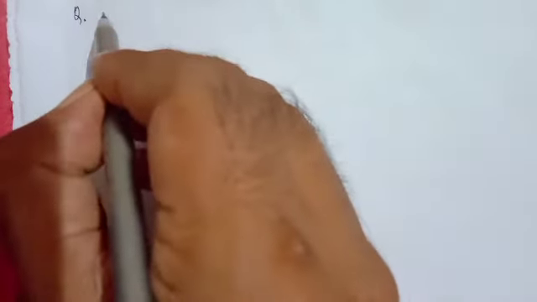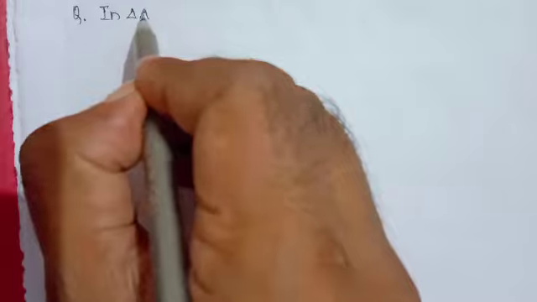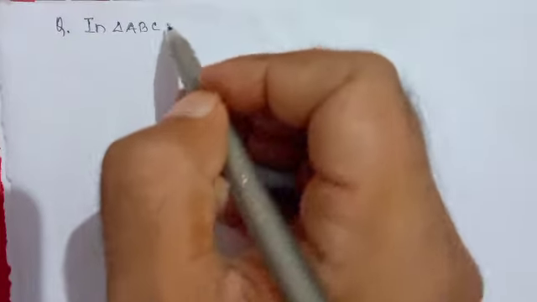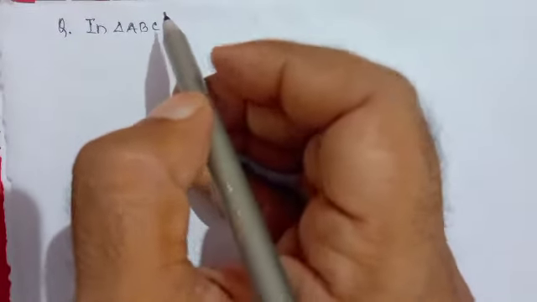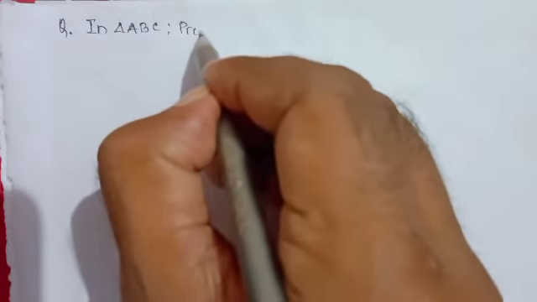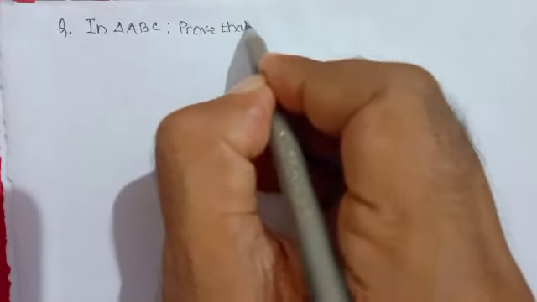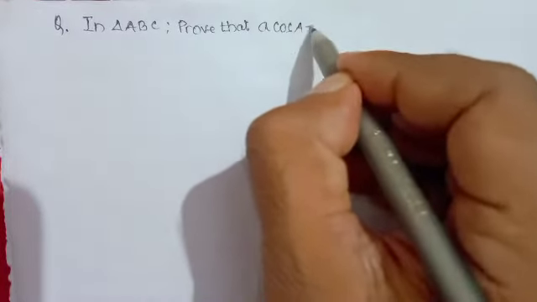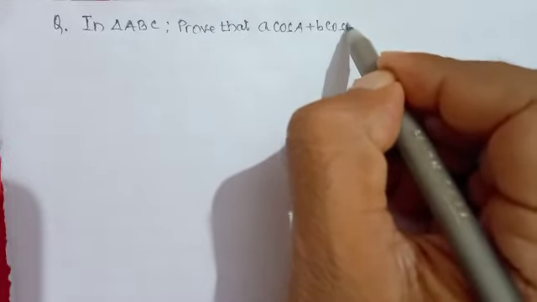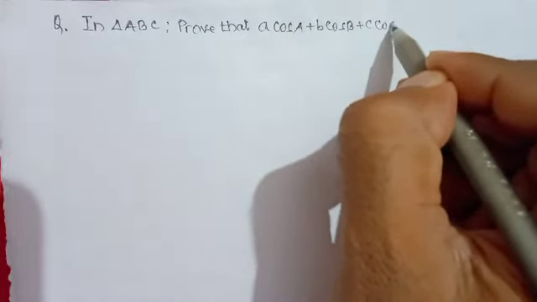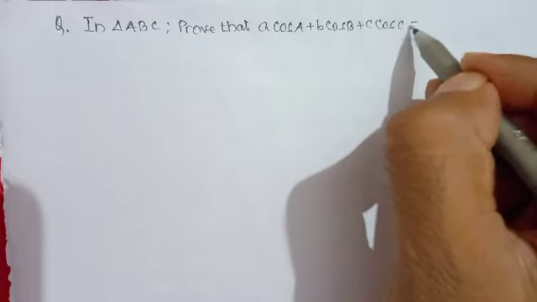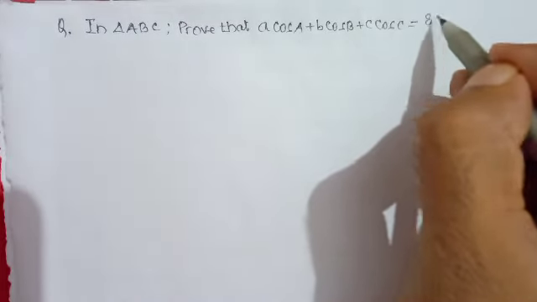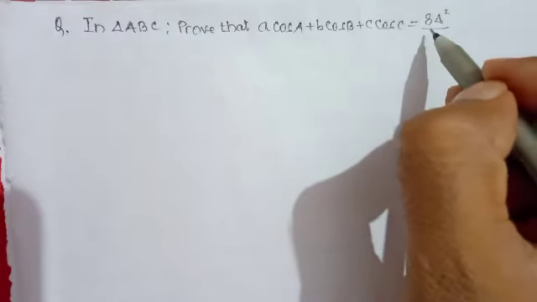In triangle ABC, your next question is, in triangle ABC, prove that A cos A plus B cos B plus C cos C should be equal to 8 area of triangle square upon ABC.